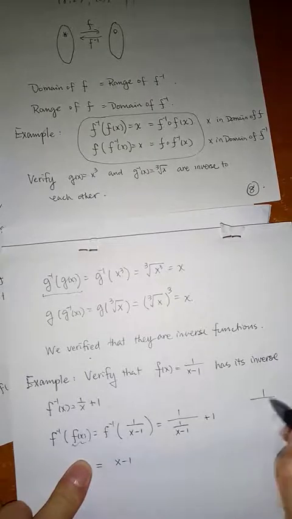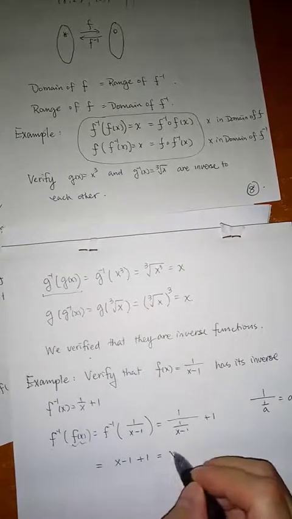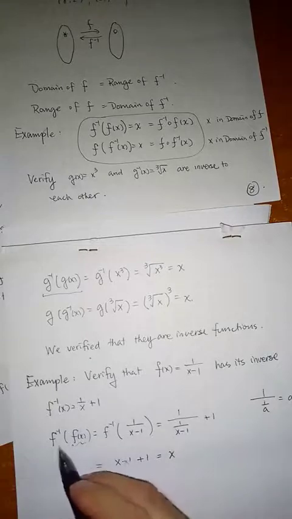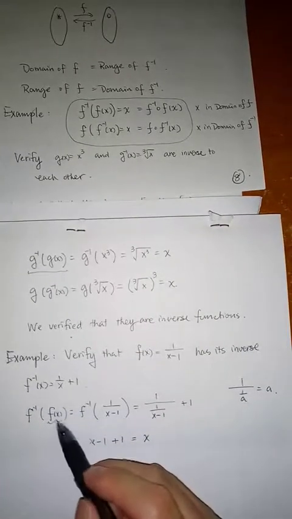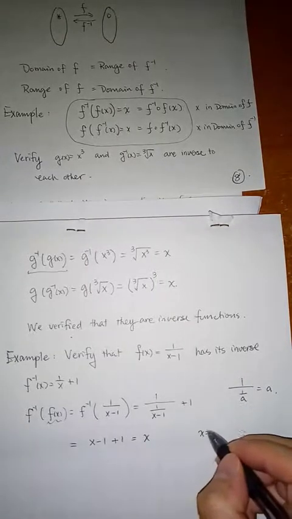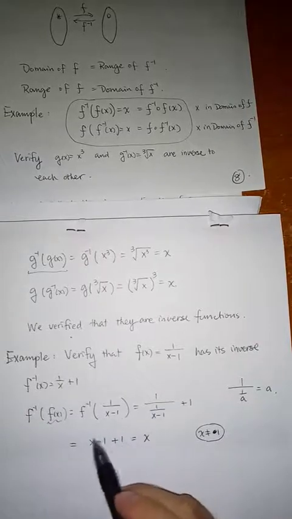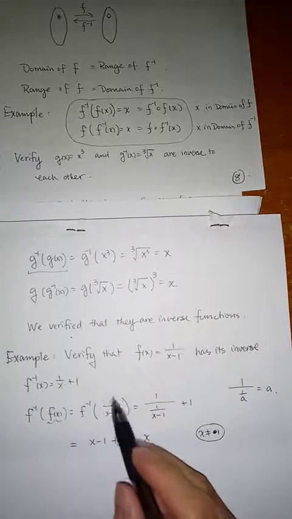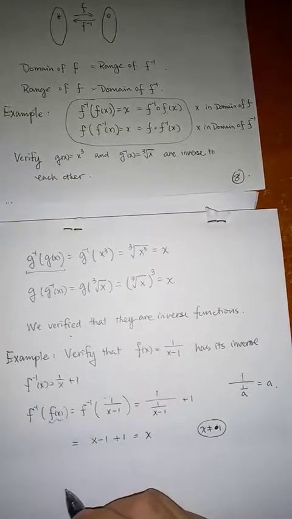You flip twice, you're back to the original, and then the plus 1. Minus 1 plus 1 is x. Okay, so you verify that f inverse of f of x is x. But be careful here, this x cannot be positive 1, because when x is positive 1, this part is undefined.